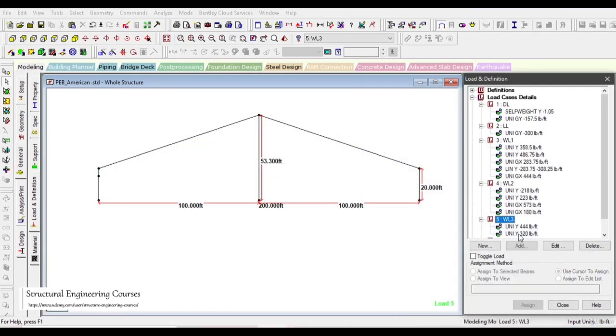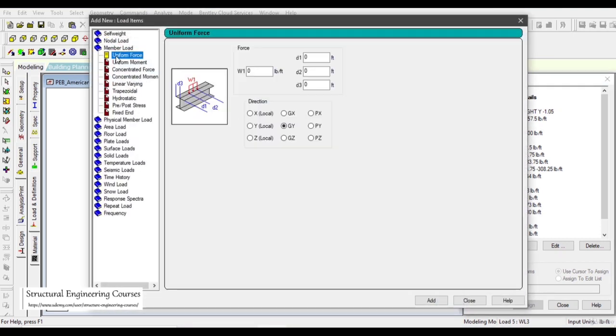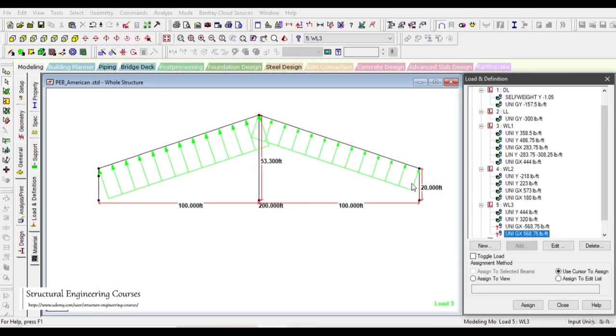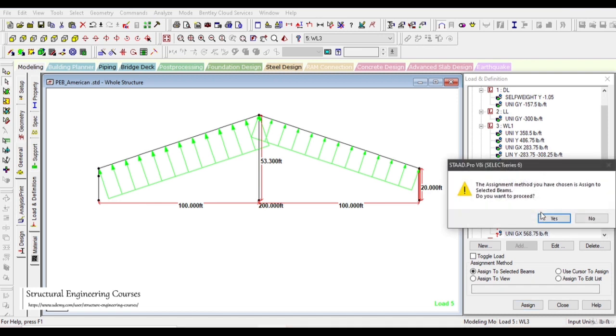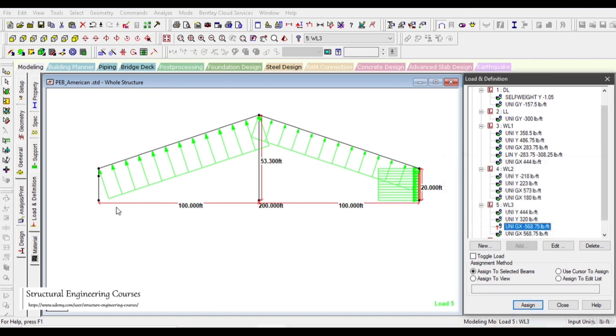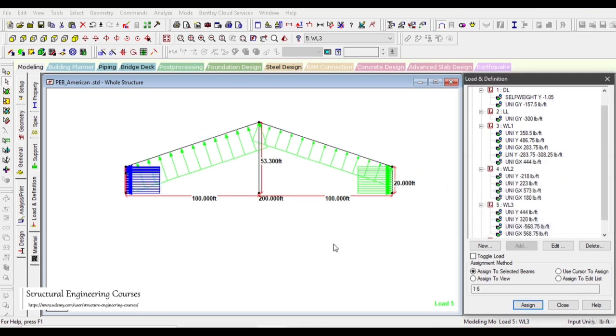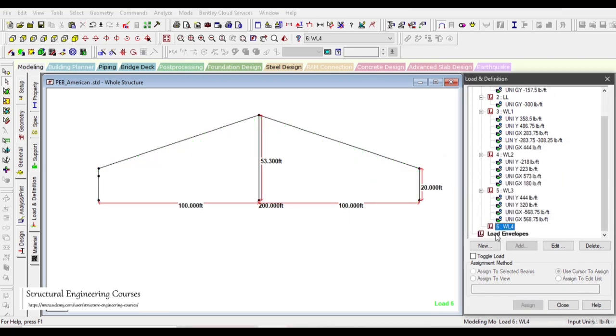So we can refer here member load, minus 568.75 global X plus, and this minus and plus global X. This shall also be acting away from the structure, and this shall also be acting away from the structure. So now WL3 is also done.